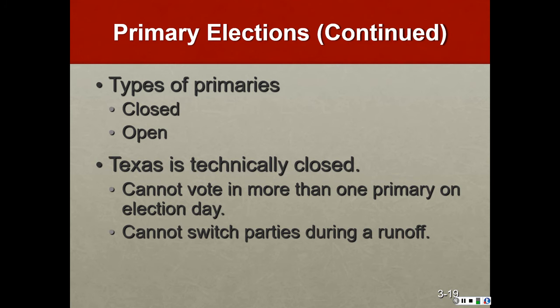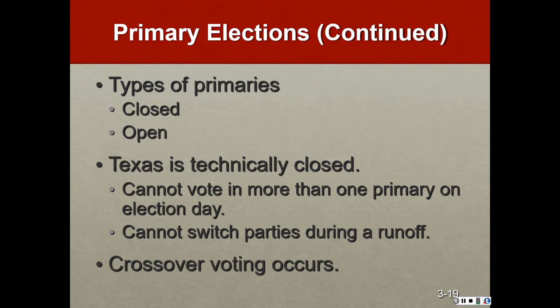If our primary ends in a runoff, we cannot switch parties. So if we voted Republican in the primary and the candidate wins, but the Democrats go into a runoff, the only people allowed to vote in the Democratic runoff election are those who voted in the Democratic primary. If you voted in the Republican primary, you cannot go vote in the Democratic runoff.